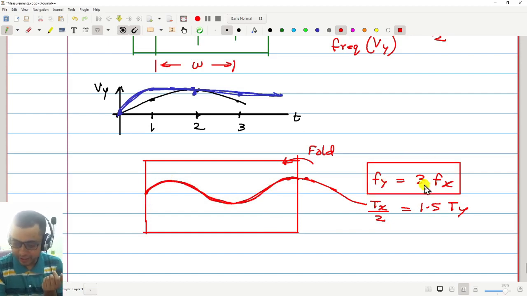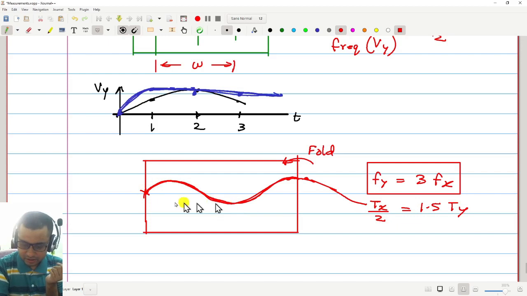So this will be the display if we have 2 sinusoidal waveforms with the relationship that Fy is 3 times Fx. You see Fx is moving like this sinusoidally, and one cycle is this much starting from here. And Fy is moving like this, up, down, up, back. So 3 cycles. Let me check again.